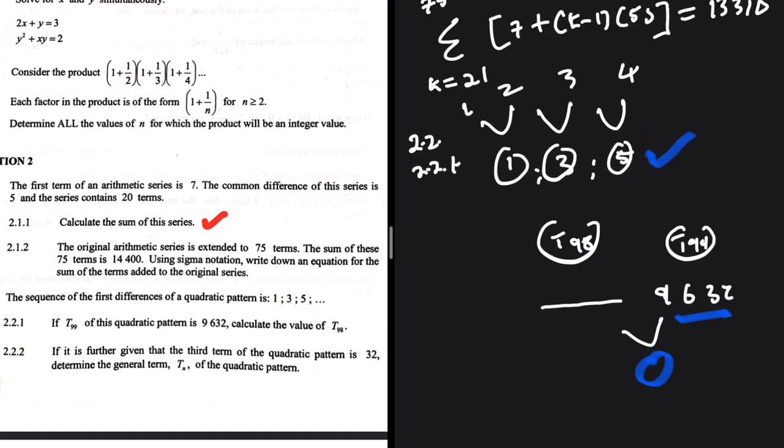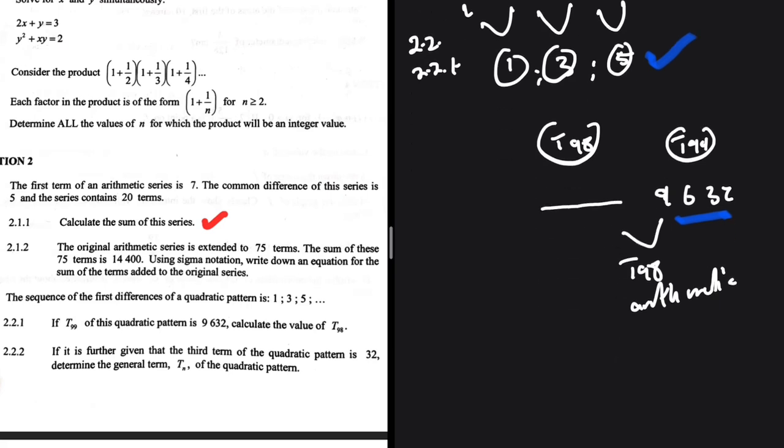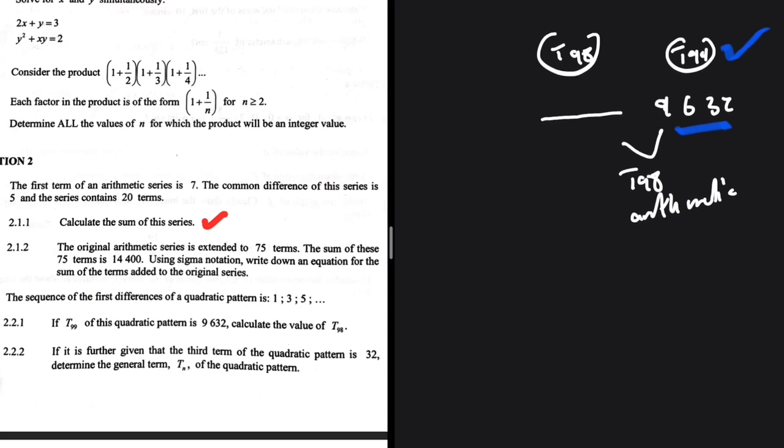The difference between T98 and T99 of the quadratic should be T98 of the arithmetic, right? So we need to find T98 of the arithmetic and subtract it from T99 in order to find T98 of the quadratic.